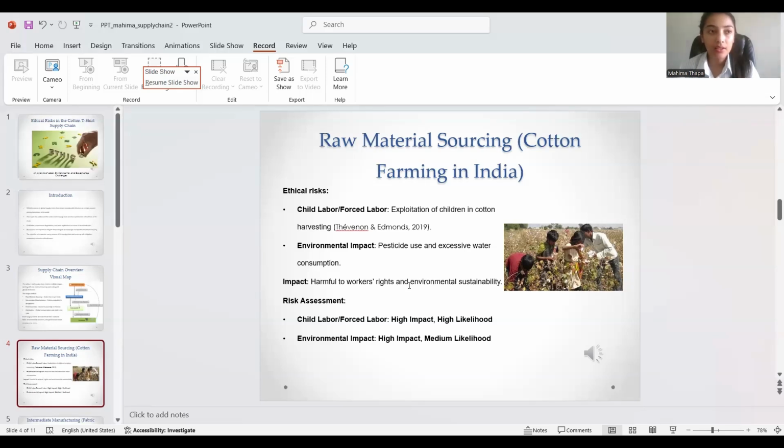Water scarcity is also another big issue. Cotton farming consumes a lot of it, often in regions already facing drought. For the risk assessment, these are high impact risks that companies must address through better monitoring and partnership with ethical farming programs.